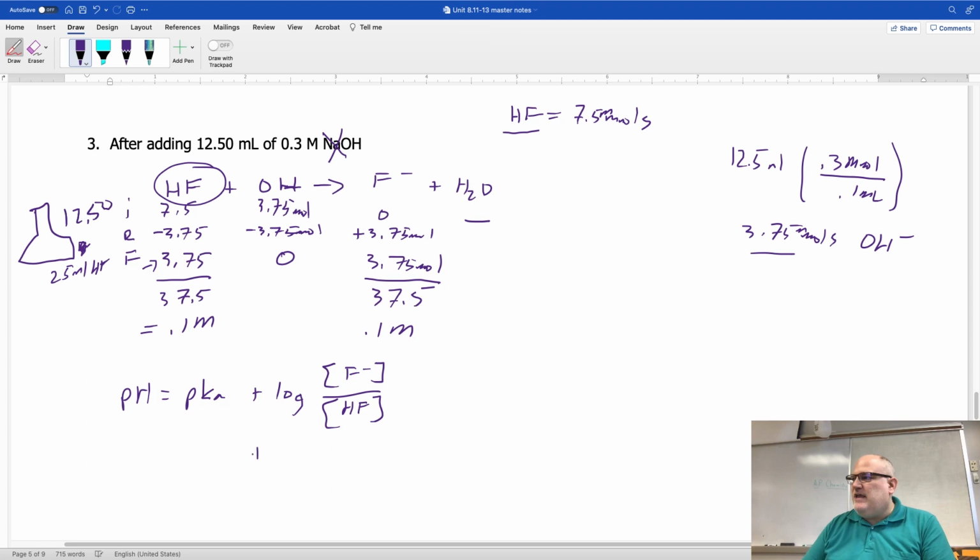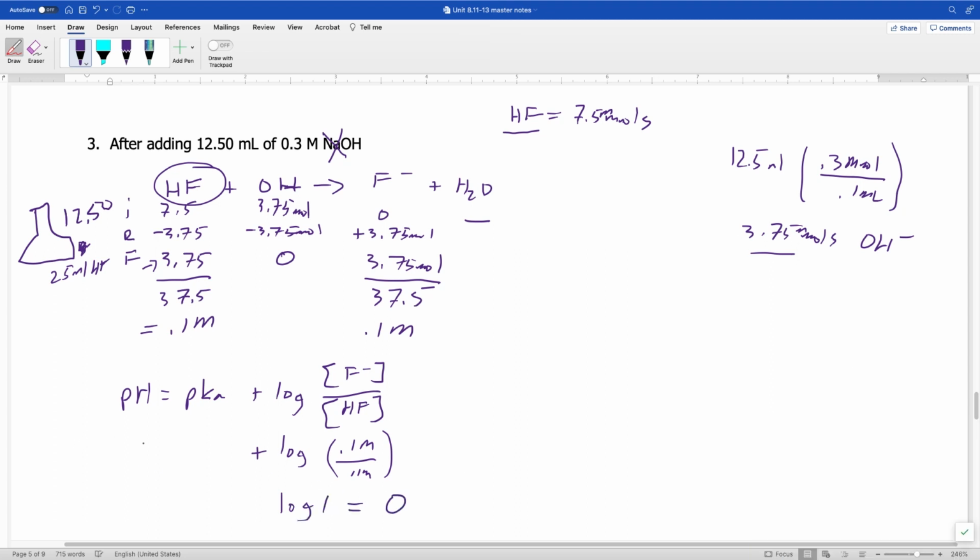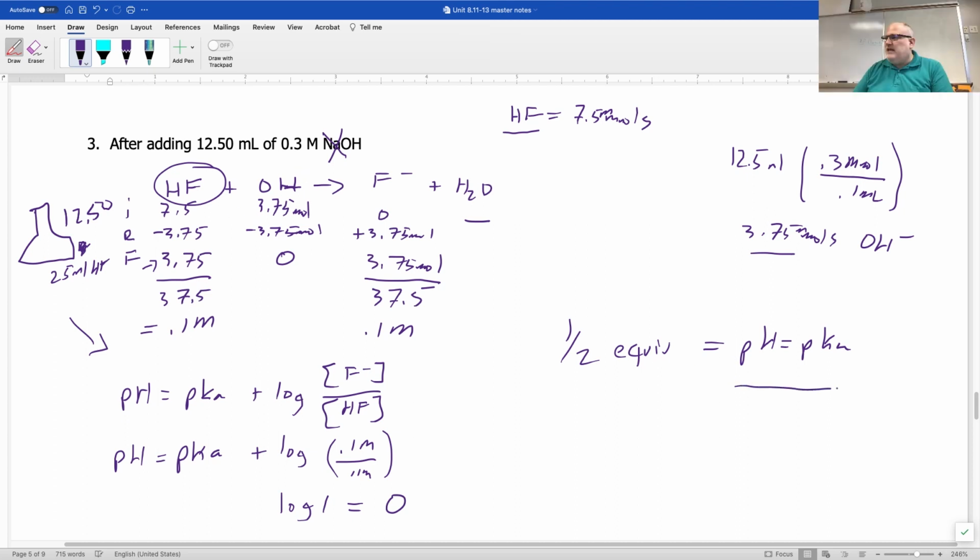I don't know how familiar you guys are with the math of logarithms, but if I have the same number on the top and the same number on the bottom, that's the same thing as taking the log of 1, which is equal to 0. That can make your pH equal to pKa.